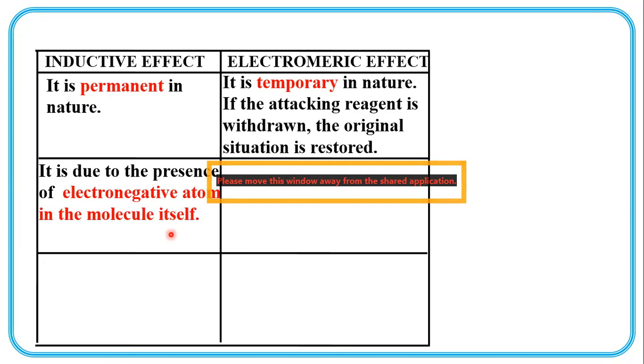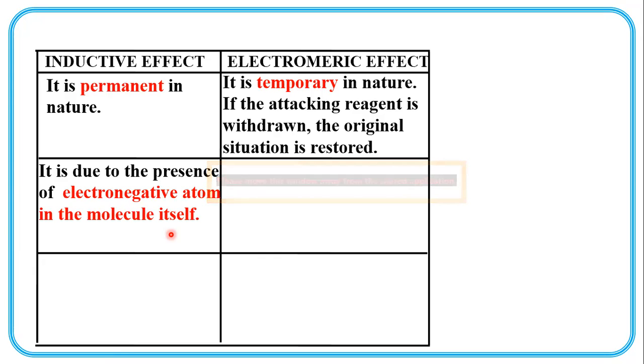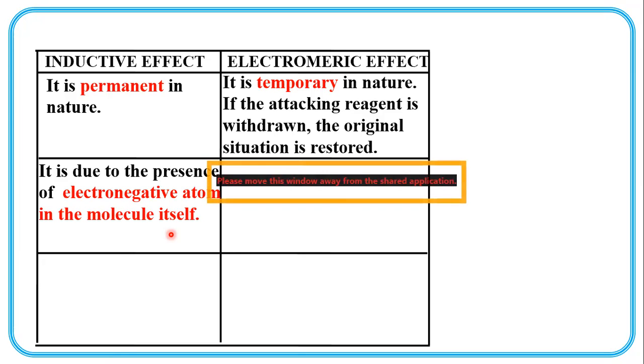Inductive effect is due to the presence of an electronegative atom in the molecule itself. Because of the presence of this electronegative atom, this effect is possible. So it is due to the approach of the attacking reagent.